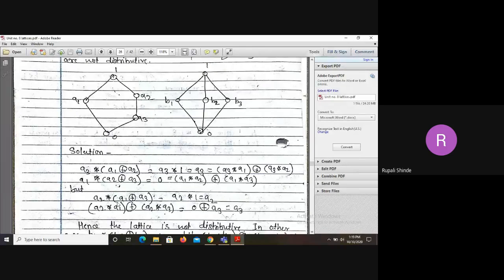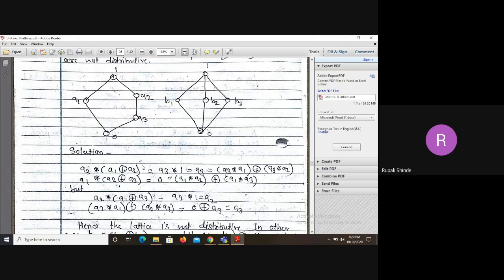Now apply the distributive property. A2 star A1 will be one bracket, XOR A2 star A3, which will be another bracket. Now check the values for these two brackets. First one, A2 star A1, the value for this is 0. So it is 0 XOR A2 star A3.